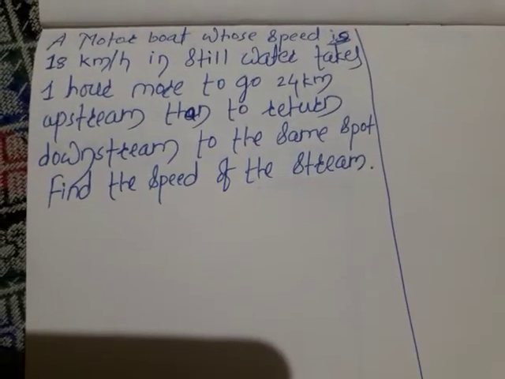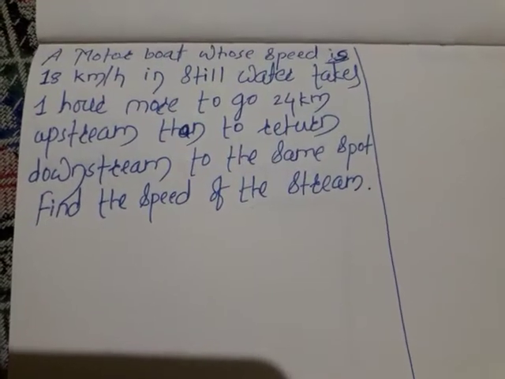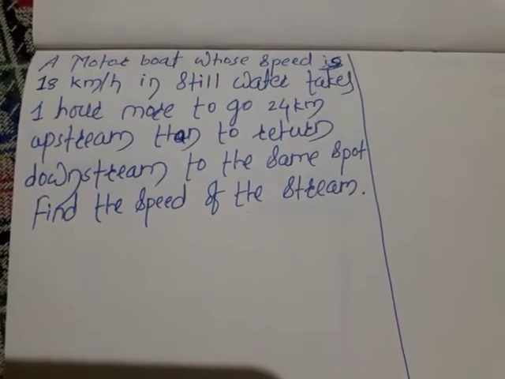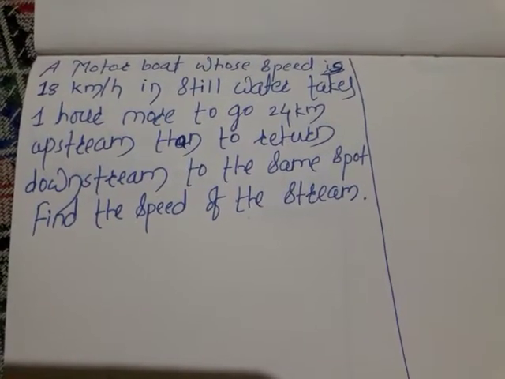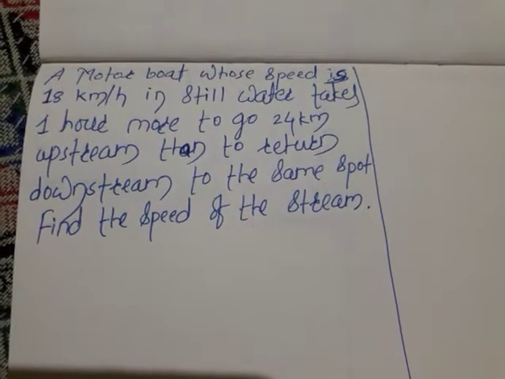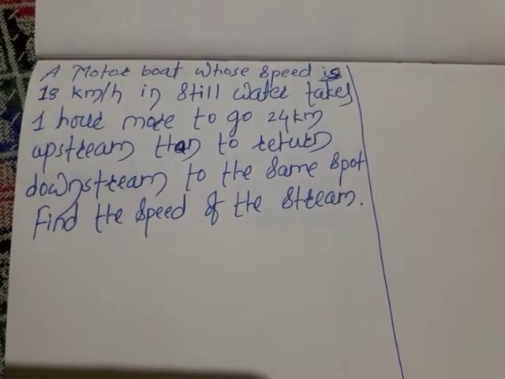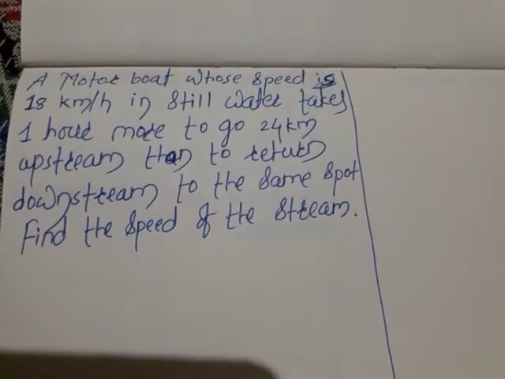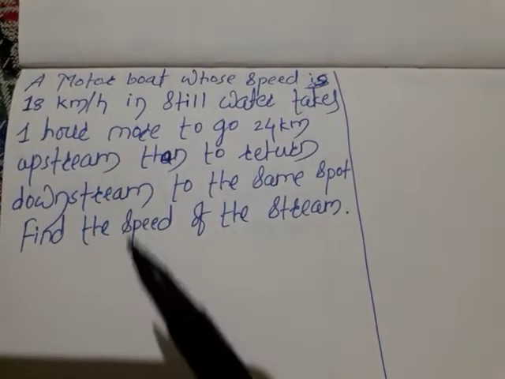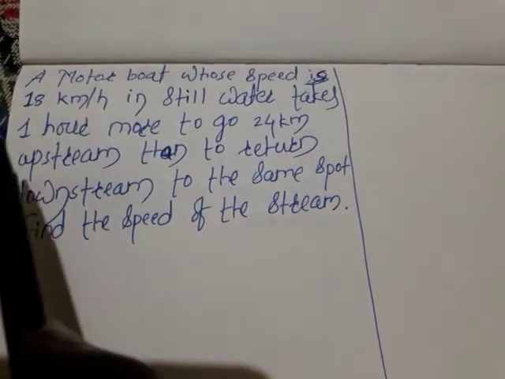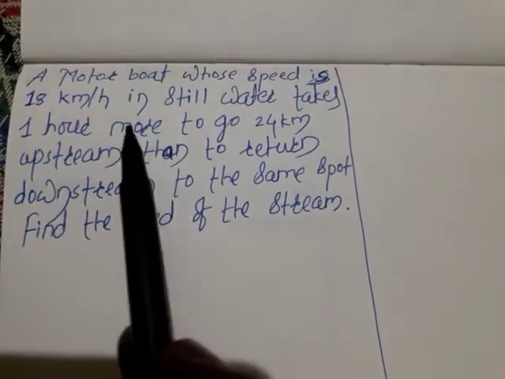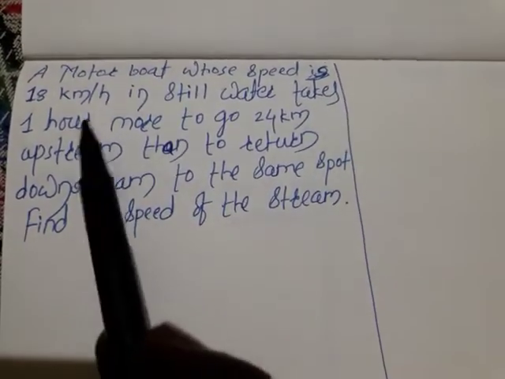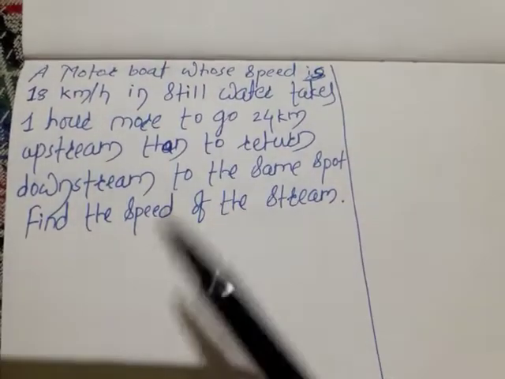Here there is one motorboat, and that motorboat started a journey and covered a 24 kilometre distance while going upstream and downstream. The speed of the motorboat is given as 18 km per hour, and one important thing is given here. What is that? 1 hour more to go 24 km upstream than to return downstream. 1 hour is more while going upstream.